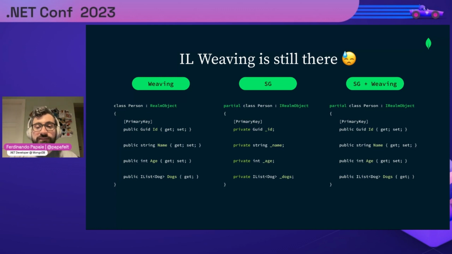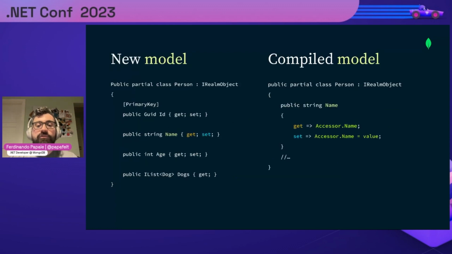The thing is that we're still using weaving in this case, and the way we're using it is still modifying the setters and getters of the property. As you can see here, the getters and setters are now getting and setting the property with the same name on the accessor.